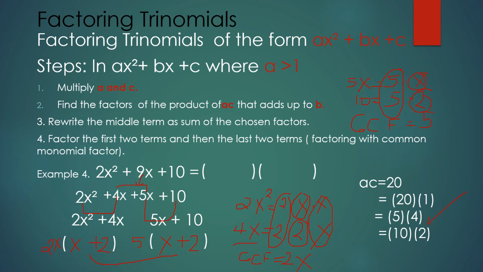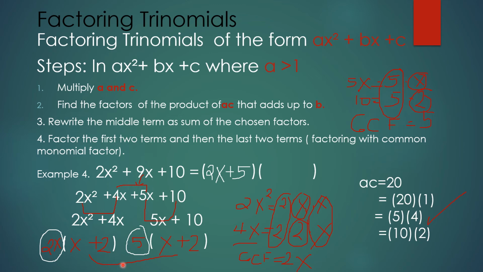Next is, itong number dito na 2x and 5, dito siya ilalagay as first factor. First binomial factor, 2x, and then since positive yun, so plus 5. Okay?